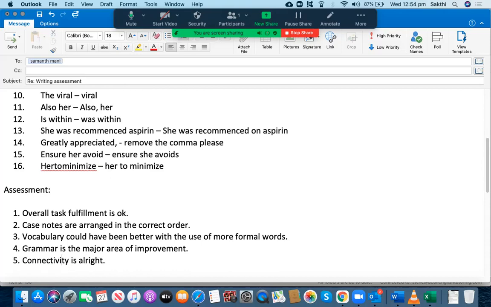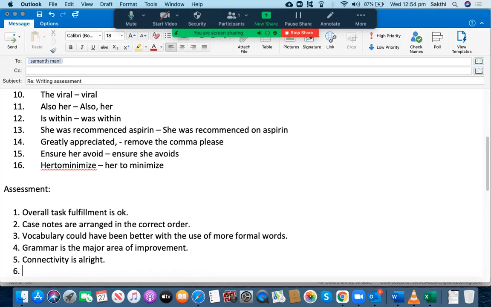And the other issue with her writing is she used mainly simple sentences throughout the letter.